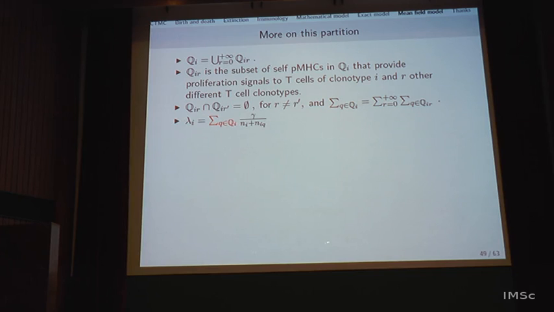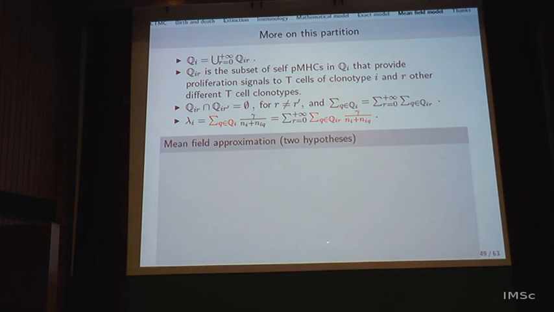So this is the way you can formulate your partition, and now the sum that I have over Qs can be divided into a sum over competition index, and for a given competition index, I need to look at the Qs, the peptides that are giving signal to I and to R different clonotypes, no matter what the nature of those clonotypes are.